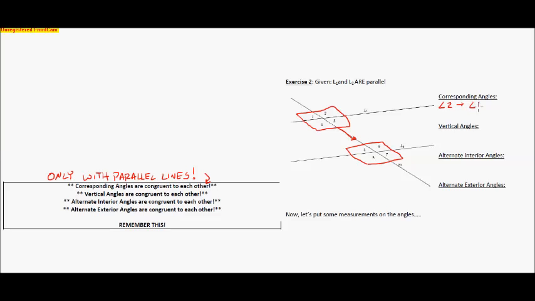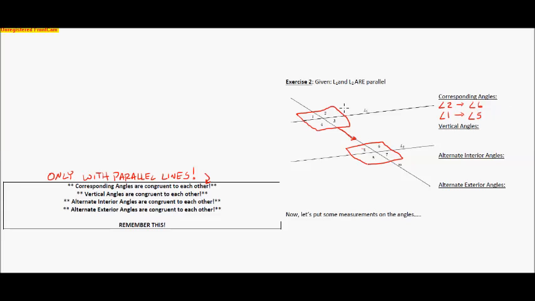Alright, this one right here would correspond with angle 6. Alright, and angle 1 right here, well, that one would correspond with angle 5. Alright, and we call those corresponding angles. The terminology correspond really means to match up with one another.